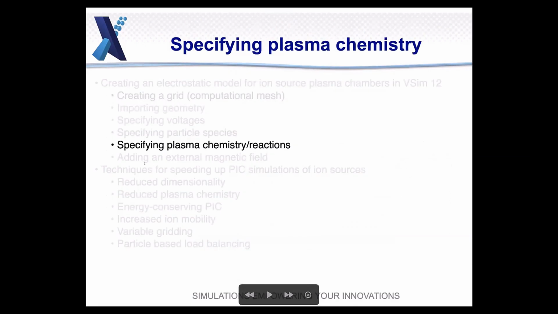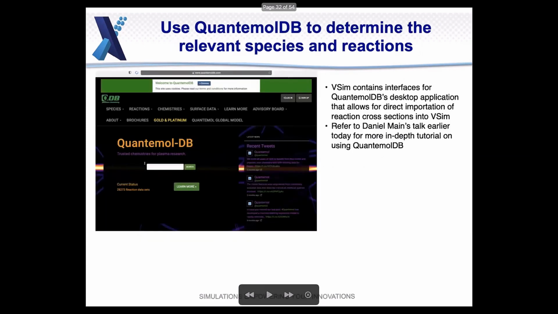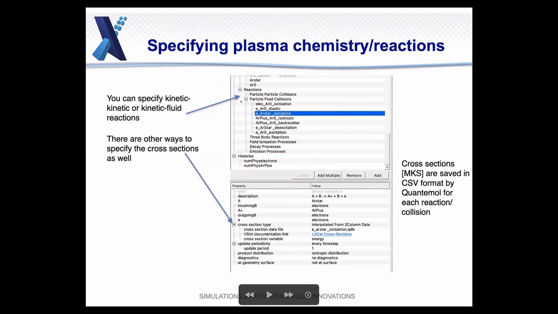Okay, next step is we're going to specify our plasma chemistry and our reactions. Daniel Main just talked about how to do this, so I'm just going to briefly go over it. We use QuantemolDB to determine the relevant species and reactions. And then you can add all of your equations in here. So here's an equation.